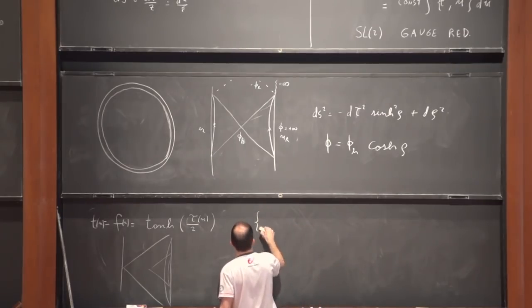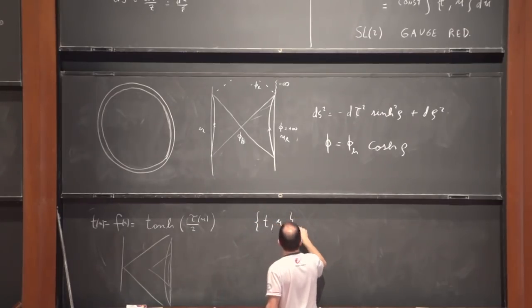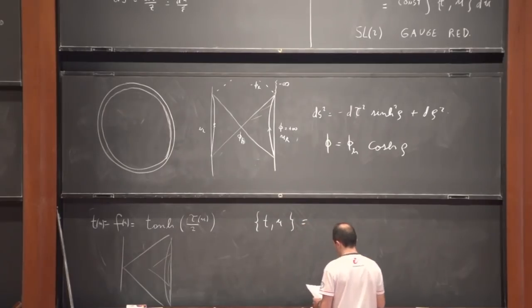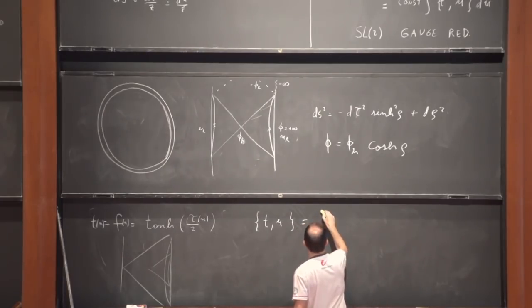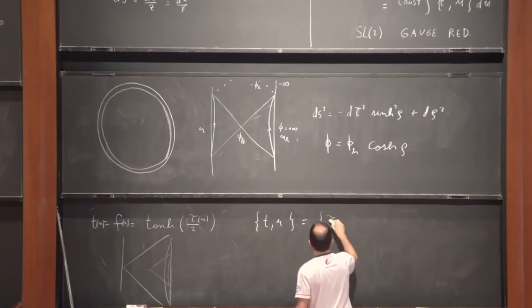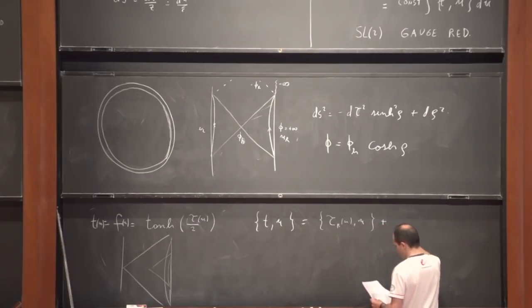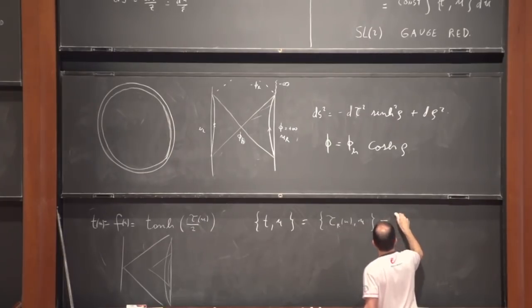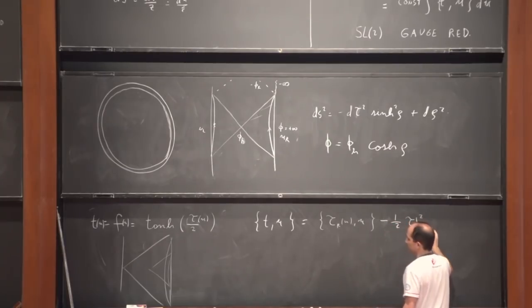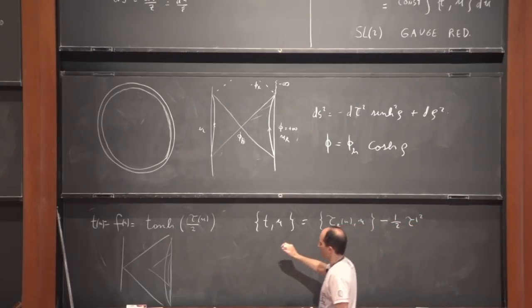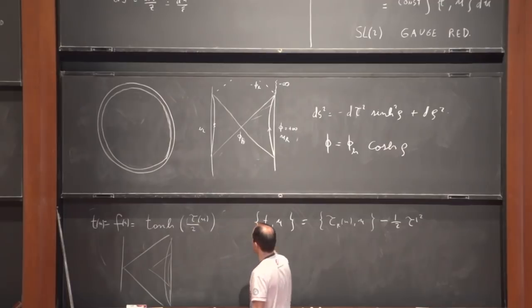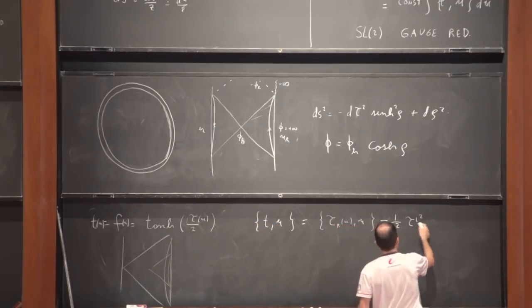And then the Schwarzian of t and u, we can use the chain rule for Schwarzians to find that this is equal to the Schwarzian of the Rindler time and u plus, I guess it's minus, 1/2 t prime squared times the Schwarzian of tangent of this time, comma t, and that's the 1/2.